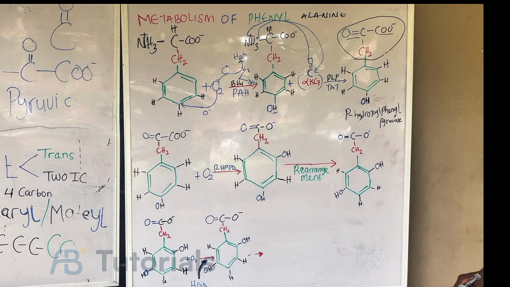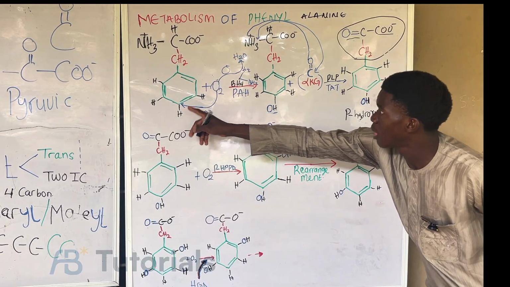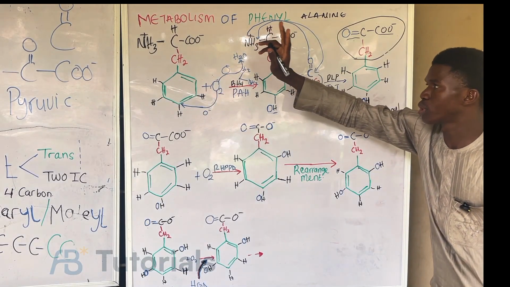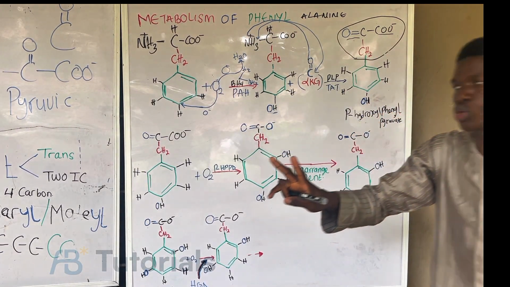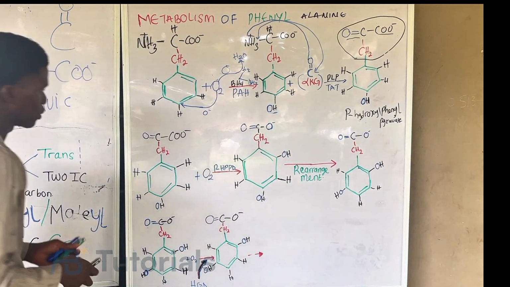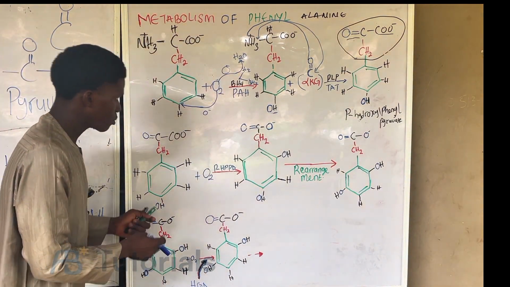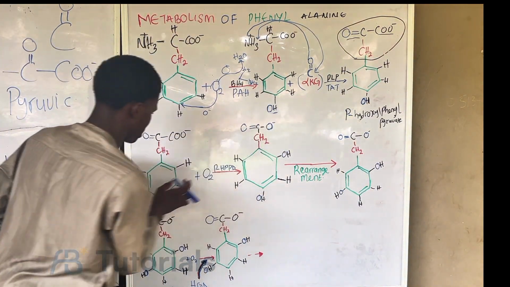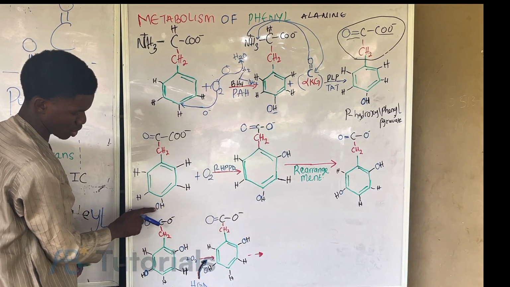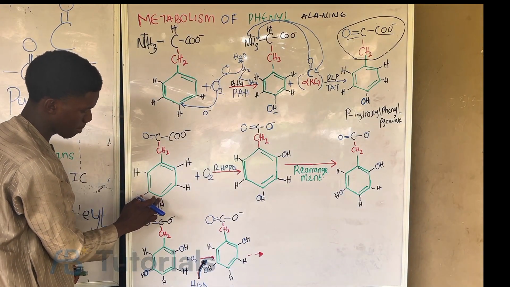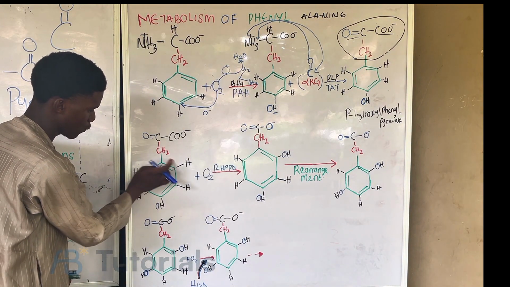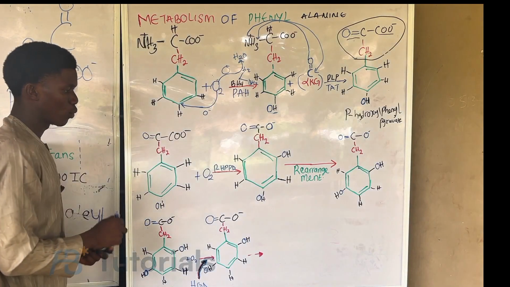Now don't forget, we've added one oxygen here. So the next thing is to add oxygen to the two guys at once. So we are coming here. This compound is P hydroxyl phenyl pyruvate, with the hydroxyl on the P position.